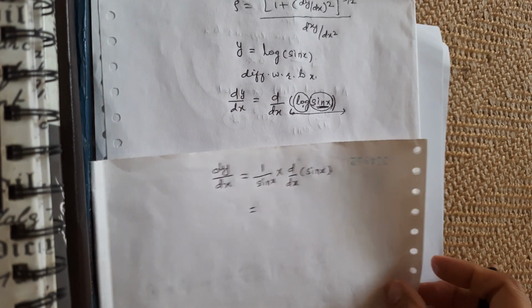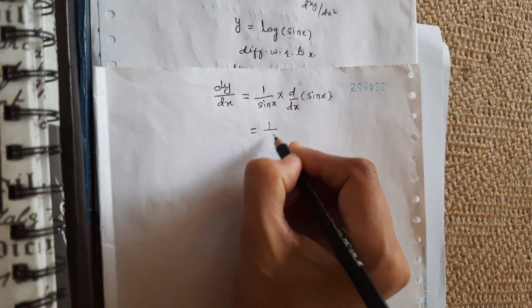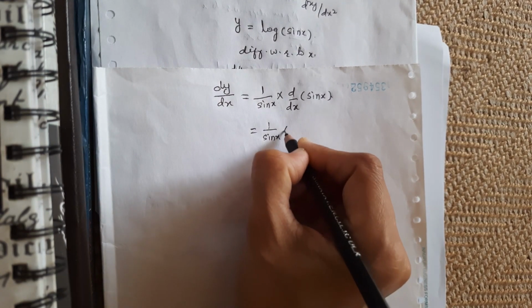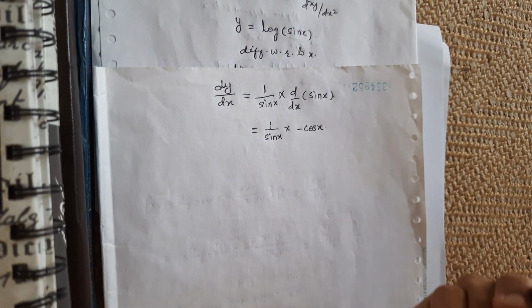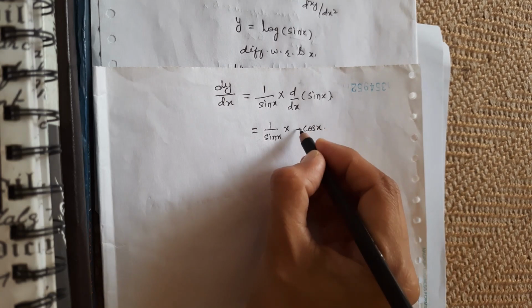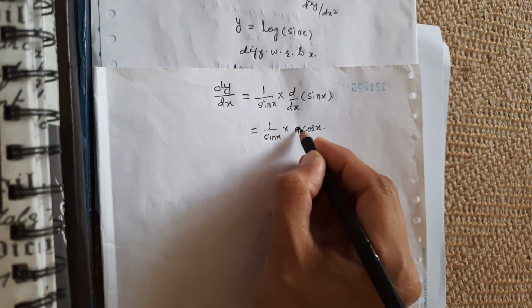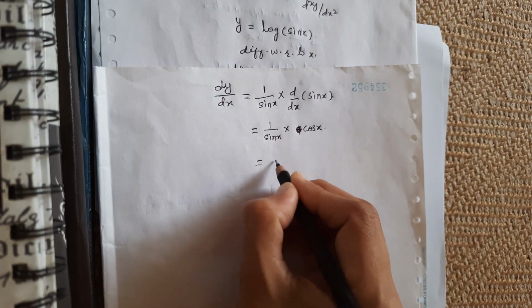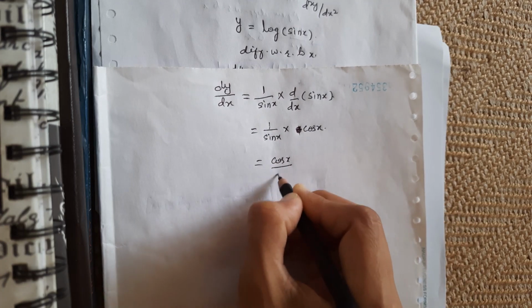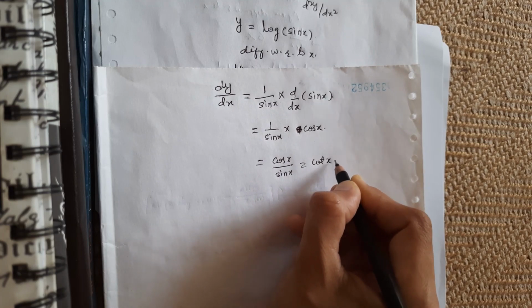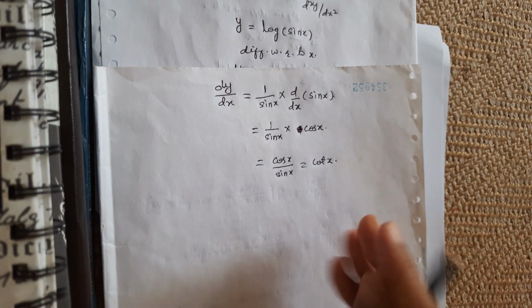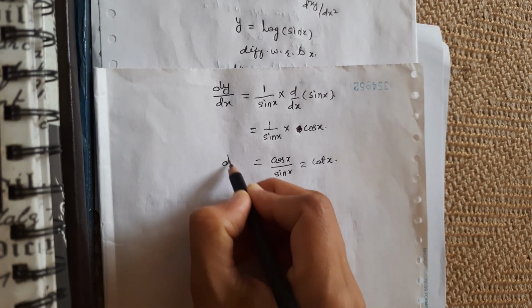So I get 1 upon sin x multiplied by cos x. Sorry, the derivative of sin x is cos x, not minus cos x, my bad. So cos x upon sin x, which is nothing but cot x. Now this is my dy by dx.